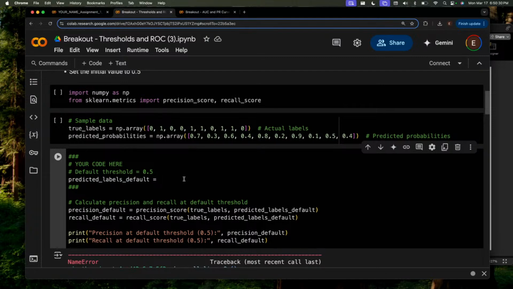How did you take those predicted probabilities and convert them to 1 or 0 based on the threshold being 0.5?